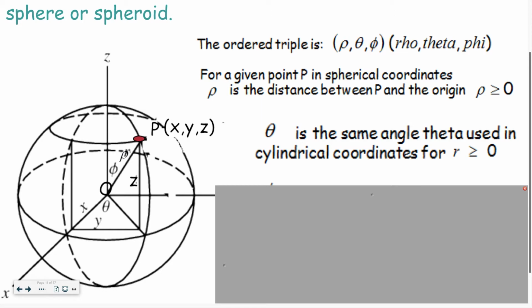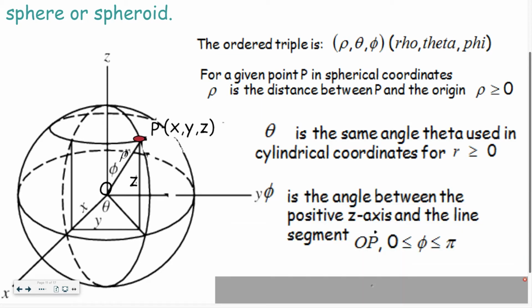We are going to rotate from the xy plane up to the angle. Phi is the angle between the positive z-axis and our coordinate. And then we're going to move out, like I said, that rho.